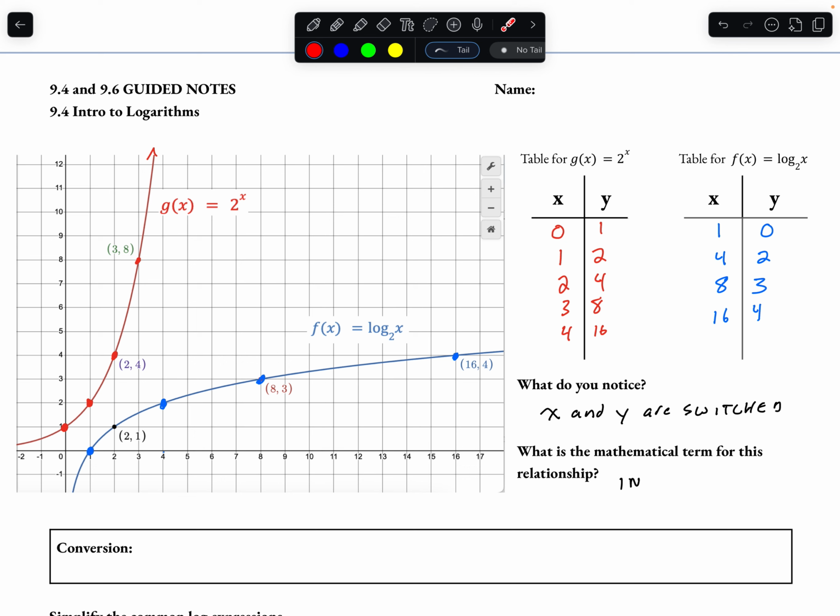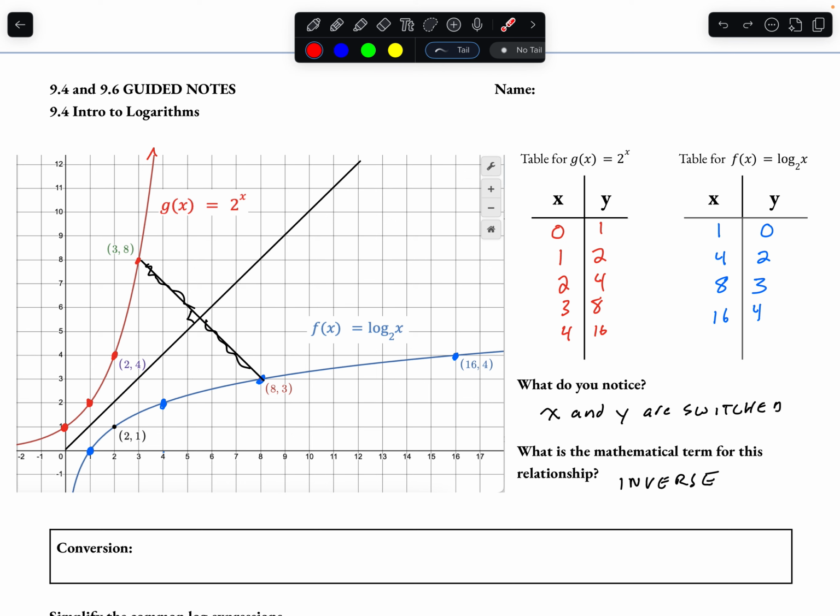It is an inverse, all right? You can see that they're inverses because they're graphed along the line y equals x. All these points are reflected across the line y equals x.